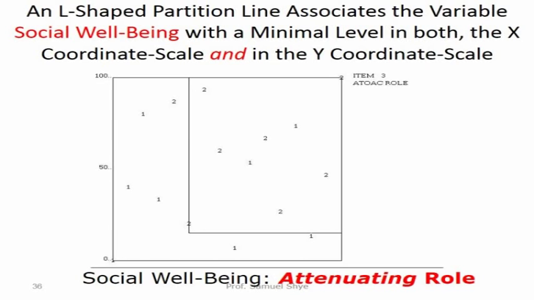For the next item, social well-being, no simple line was found to satisfactorily divide the space into high and low values, but an L-shaped line was discovered that does the job. It associates the variable social well-being with a minimal level in x and a minimal level in y. If you are high on the social well-being, you are not very low, neither on the cultural well-being nor on the physical well-being.